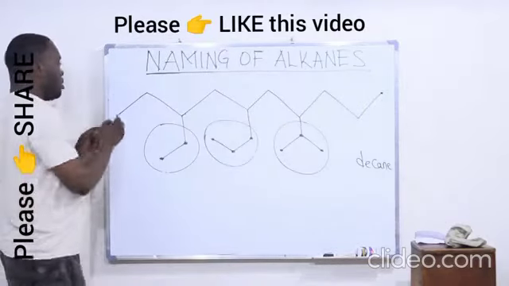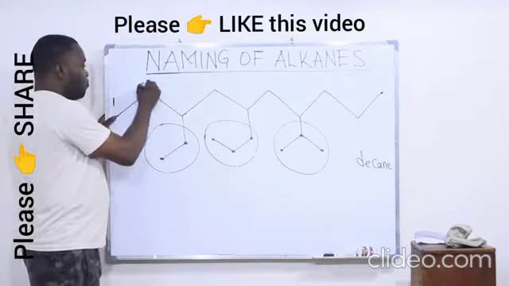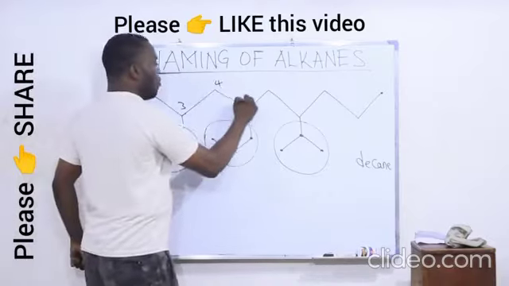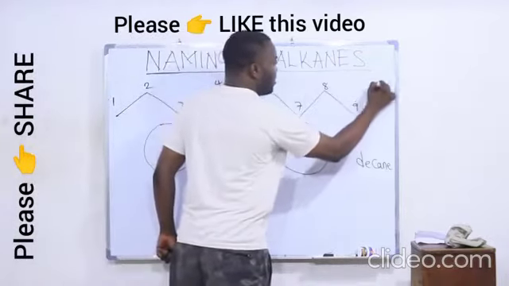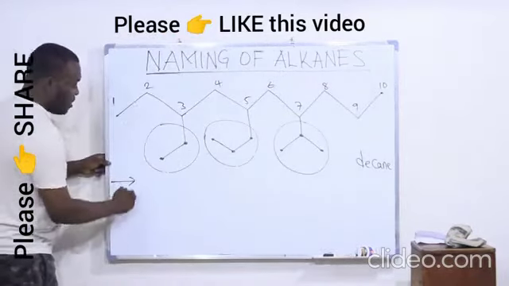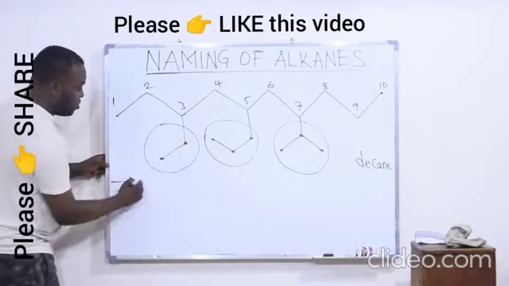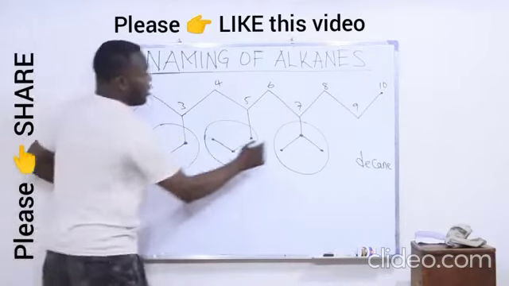How do I know the correct one? If I number from here, I will have them at 1, 2, 3, 4, 5, 6, 7, 8, 9, 10. So numbering from left to right, my attachments will be at position 3, 5, and 7.